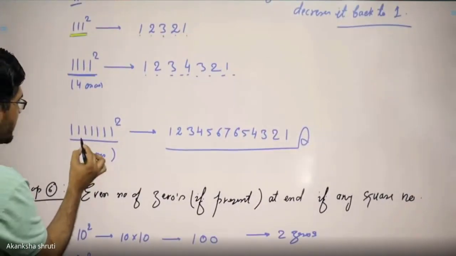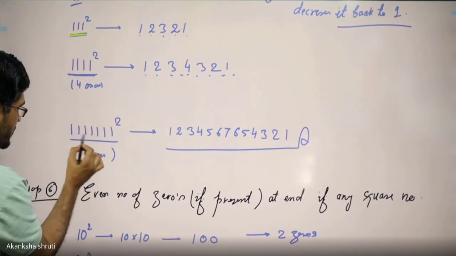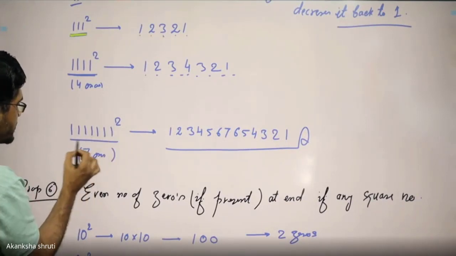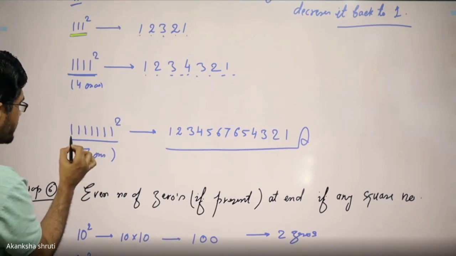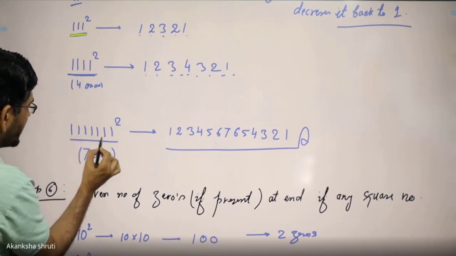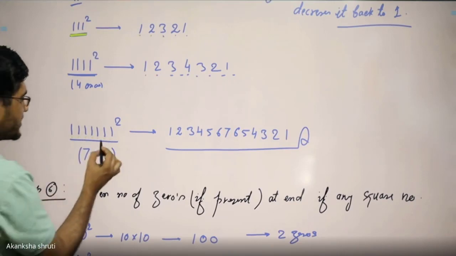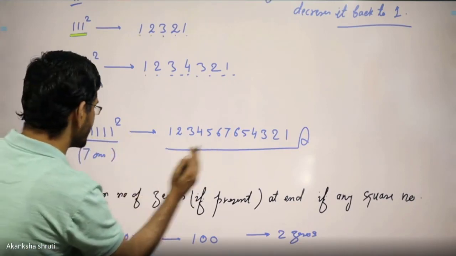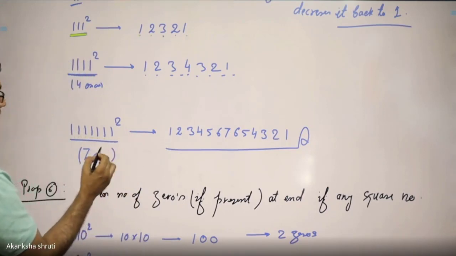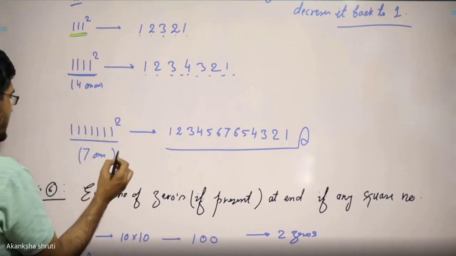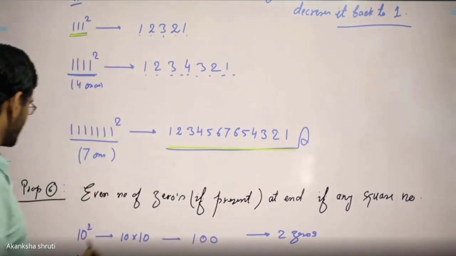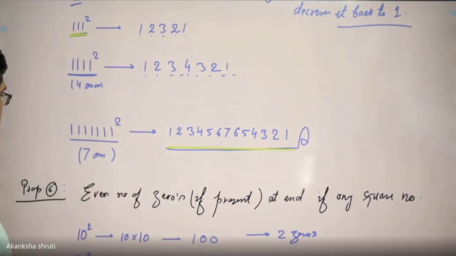Say what will be this value? 1111111 square. So just count the number of ones: 1 2 3 4 5 6 7. So we have to continuously write 1 2 3 4 5 6 7, and from there we have to decrease back to 6 5 4 3 2 1. The same we are getting. So without solving we can get it using certain properties.